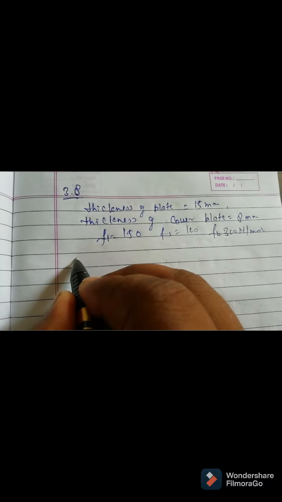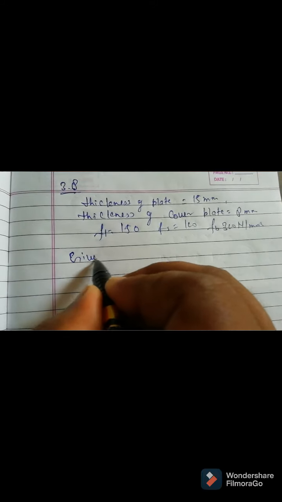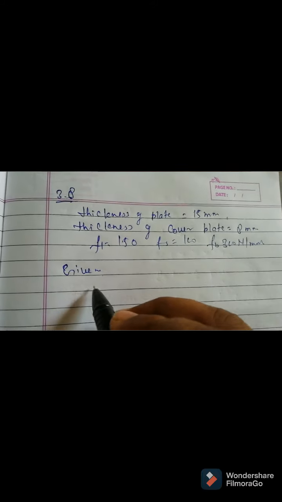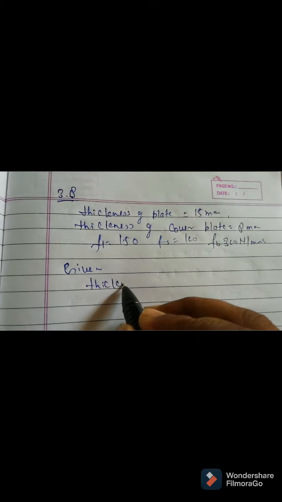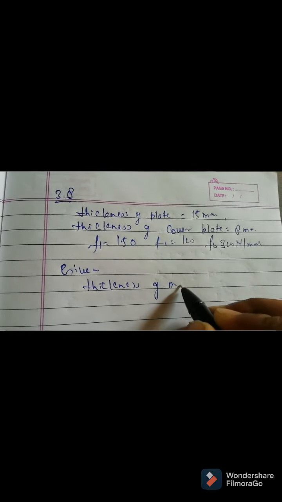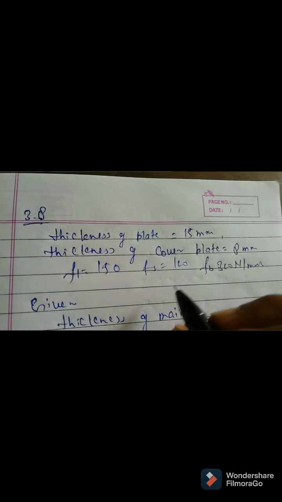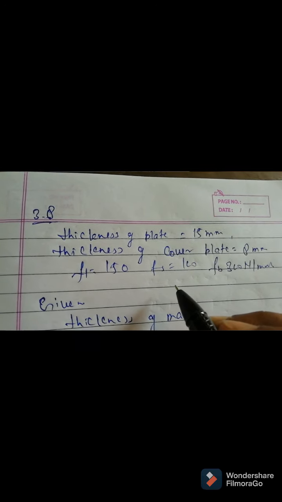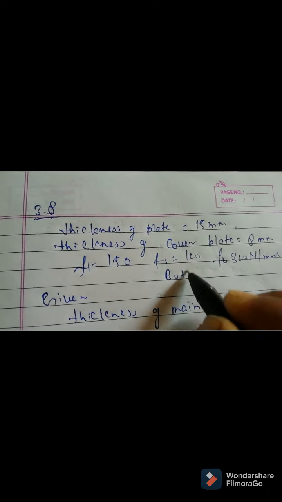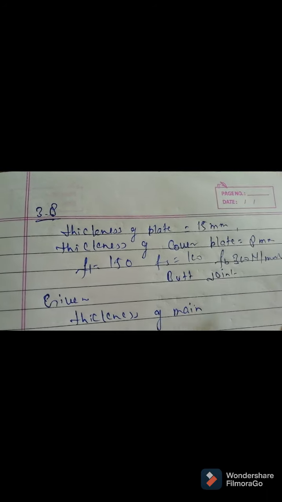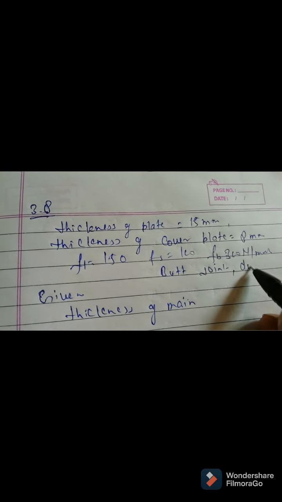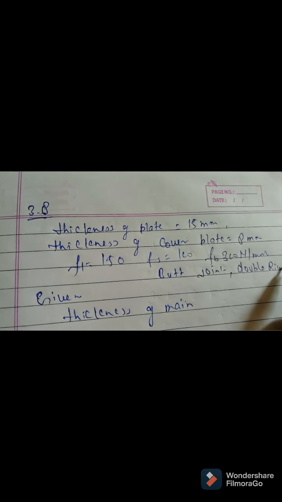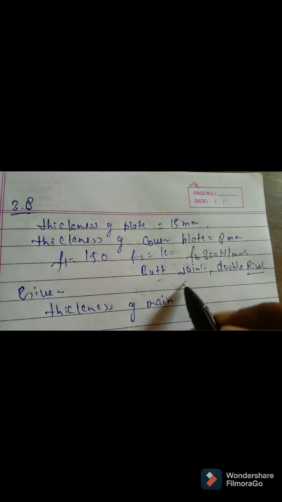So solution, that is the given. What is the given? Thickness of main plate. Again it says a double butt joint, double rivet butt joint. Here remember double rivet and butt joint.